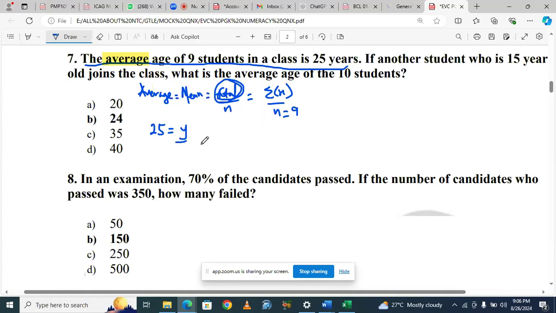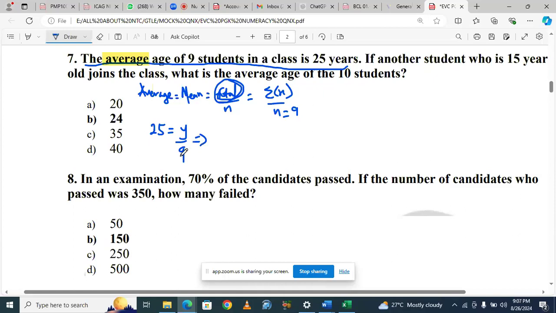The n, I know it is 9. Now, based on this statistics, once you read the first line, I will say pause and finish solving the equation. So let's find Y before we continue the question. Can someone help me find Y?